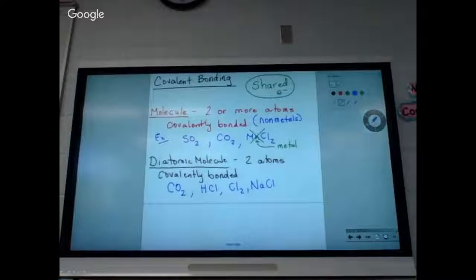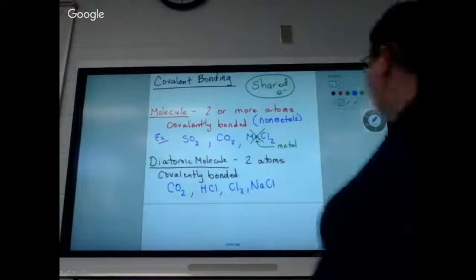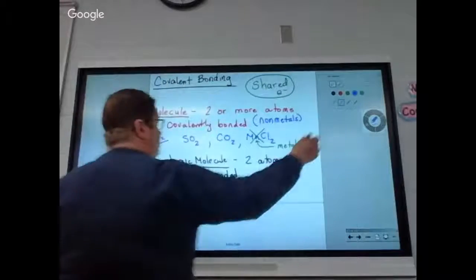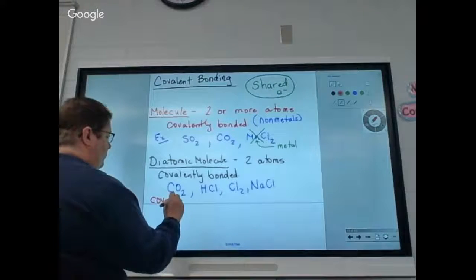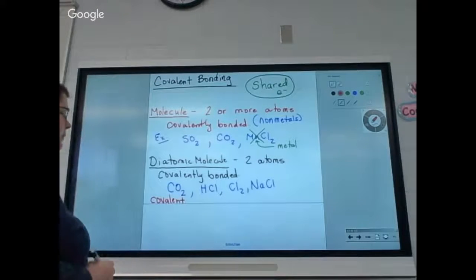All right, is CO2 a diatomic molecule? The first thing you need to decide is is it a molecule at all? Is it covalent? Okay, it's covalent. How do you know it's covalent?